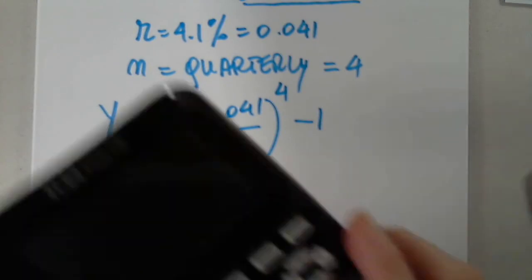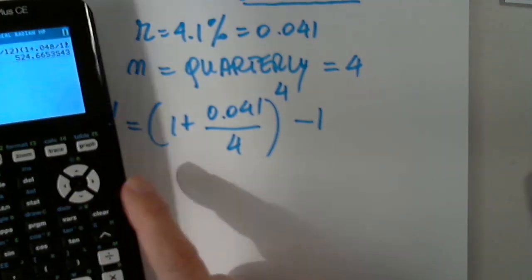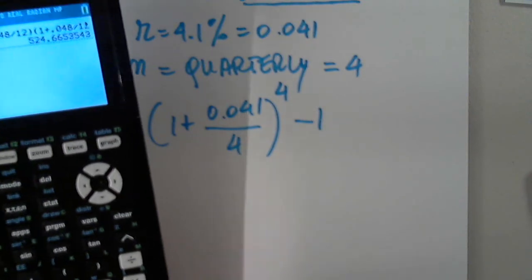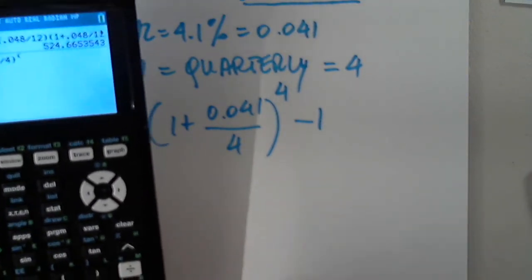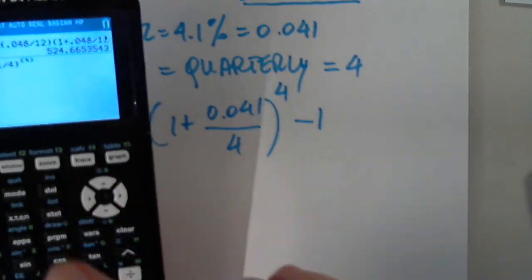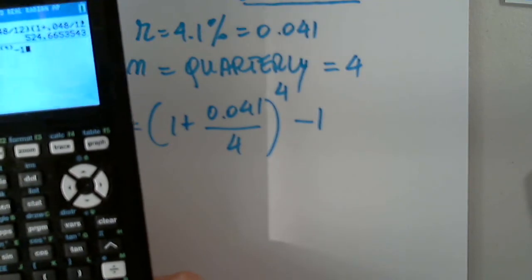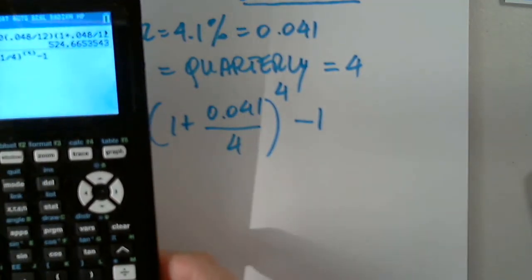Calculator, left parenthesis, 1 plus 0.041 divided by 4. Close the parenthesis. You already know me. I know it's possible that this calculator does not require parentheses. I never cared to check because I have to show that for students who have an old calculator anyway.